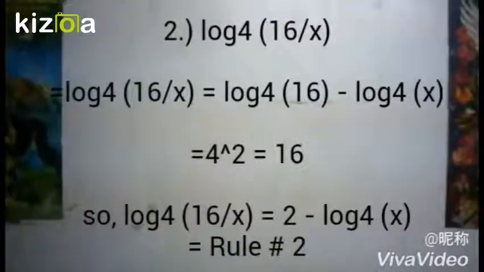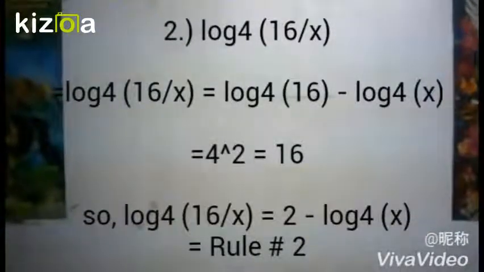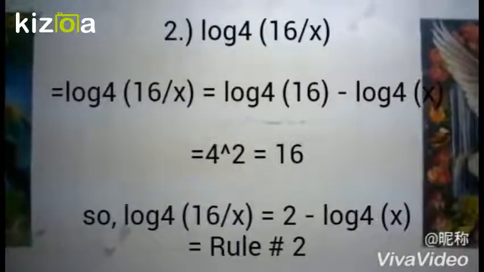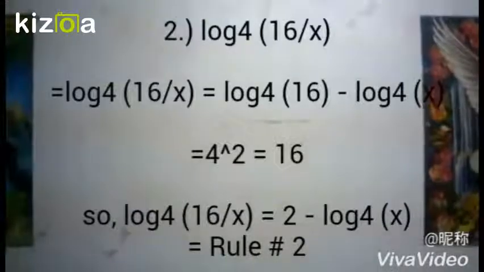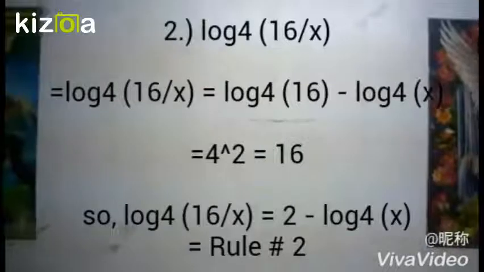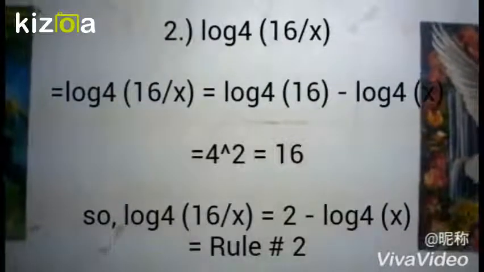The first term can be simplified to an exact value by applying the basic definition of what a logarithm is. In this case, we're using the fact that the power required on 4 to create 16 is 2.